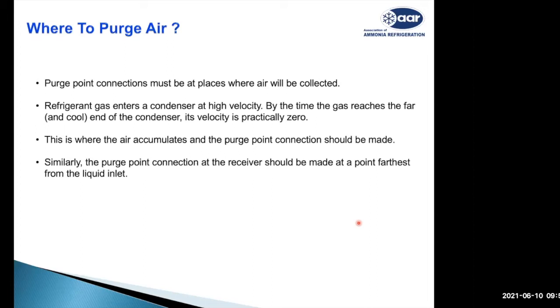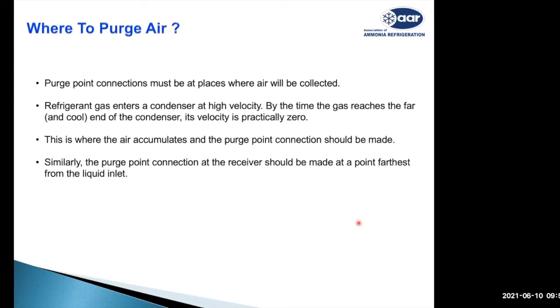Now, when I look at the high pressure side, it means the discharge of a compressor, a condenser, and a receiver. So what happens in a condenser is, when my ammonia refrigerant enters the condenser, the air and refrigerant both enter at the same velocity. So at the inlet of my condenser, air and refrigerant are at the same velocity, and at the end of the condenser, my refrigerant gets cooled down or becomes liquid.